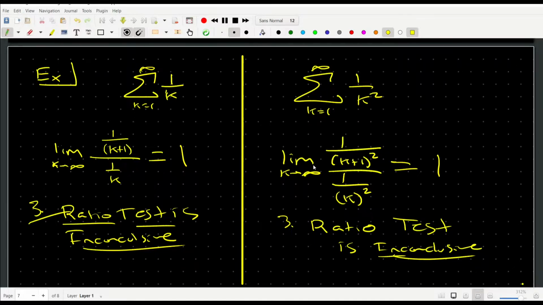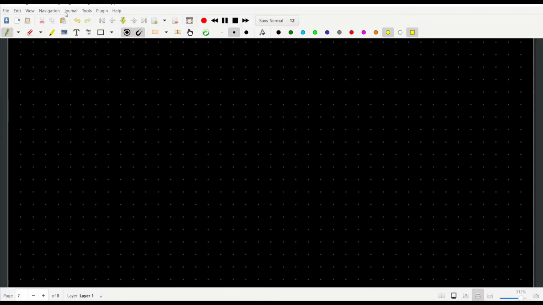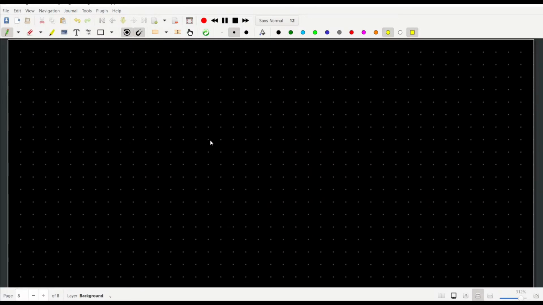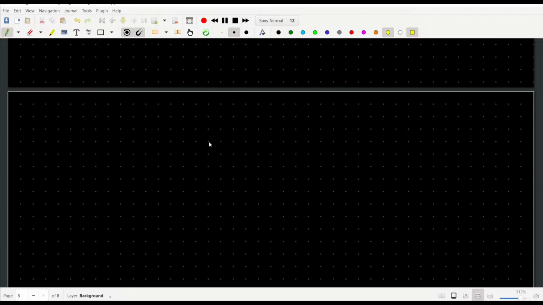So what I'm going to start by doing is going over how the root test is similar to the ratio test, in that it's giving us a measure of how close a general series is to a given geometric series. So we'll start by getting the idea of what's going on with the root test and what it's telling us, and then move on to writing it down.